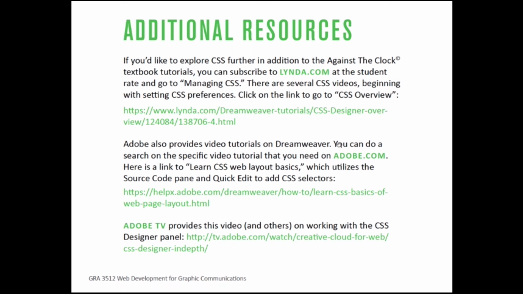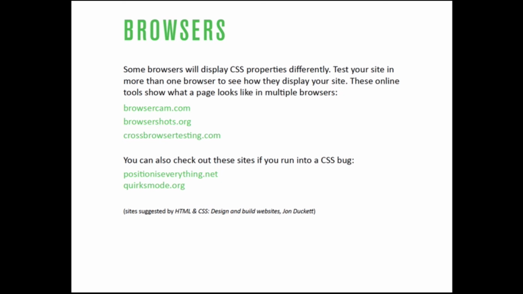Also, make sure after you're done with your site, you can look at your site on different browsers. Just keep in mind that different browsers will display these properties differently. So a CSS style may look different on one browser depending on how it chooses to display it.